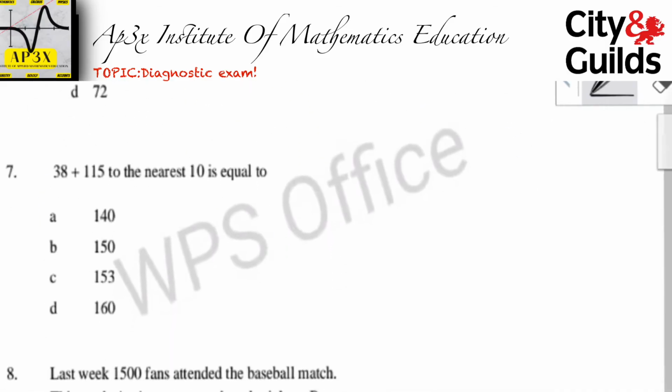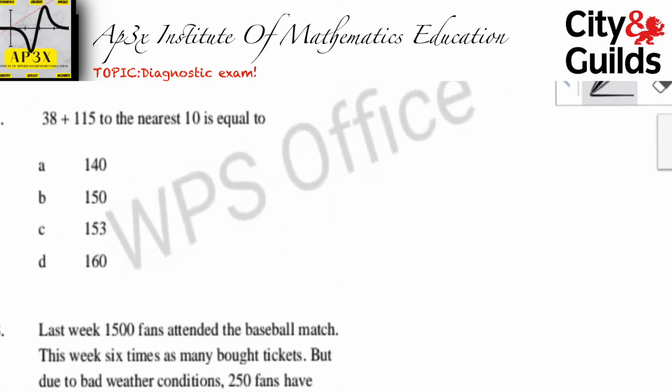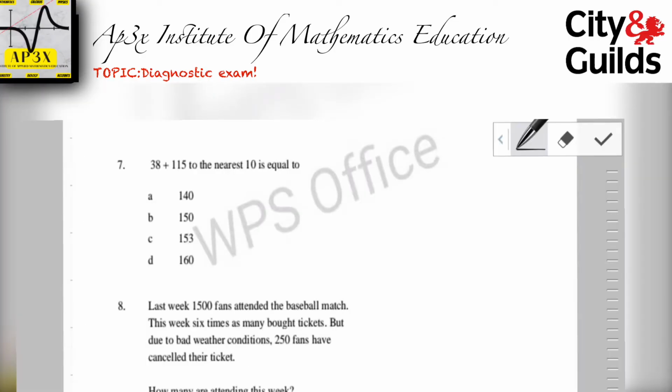All right, moving on next then to question 7, 38 plus 115, and we want this answer to the nearest 10. So let's go ahead and write 115, and then we're going to have 38 here.